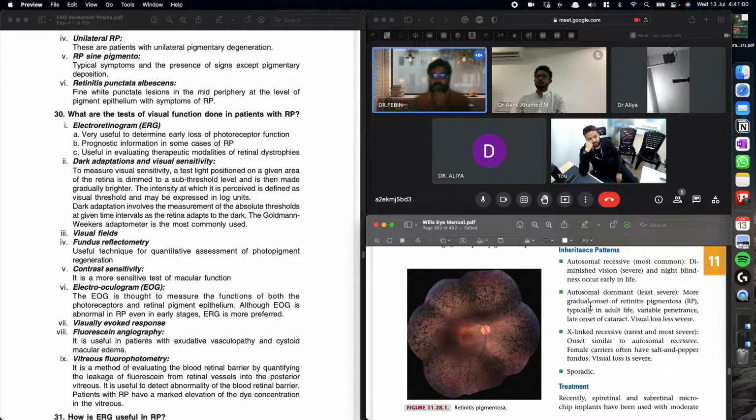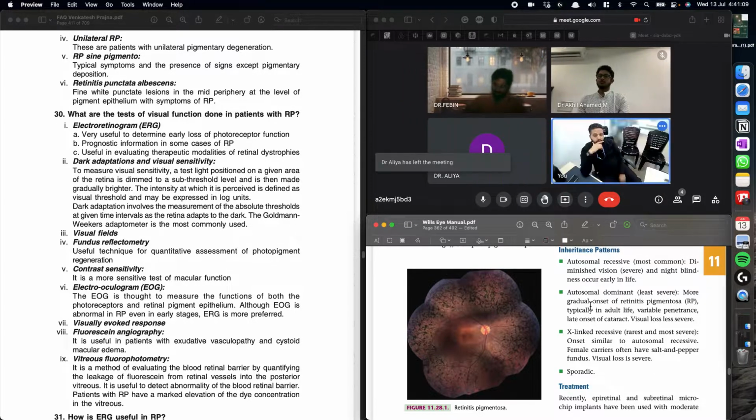Yeah, it's a severe form. That means he's which mode of inheritance? X-linked recessive, XLR.